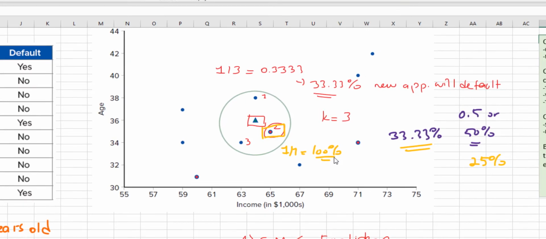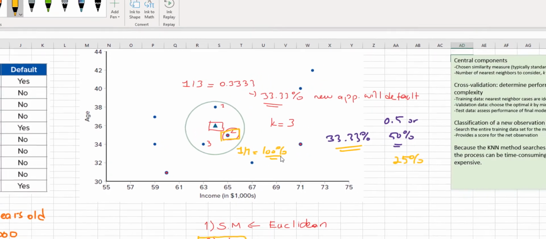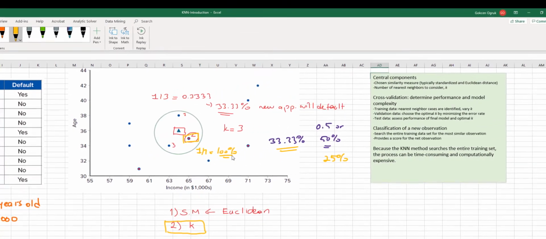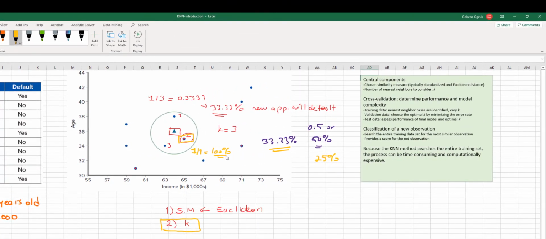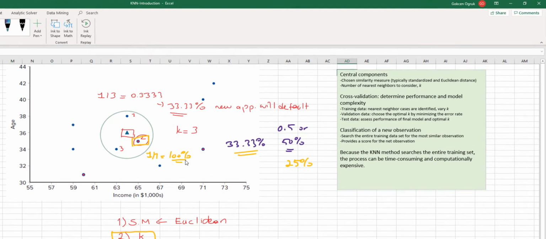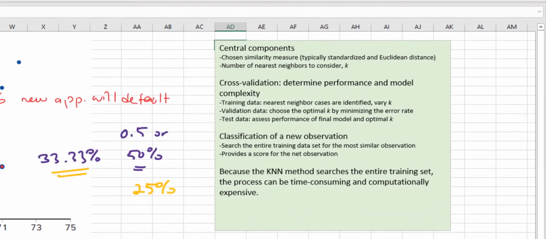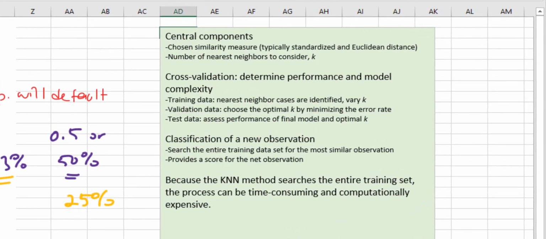Next, I'm going to talk about how we determine the performance and model complexity. Since the KNN method is a supervised data mining technique, data partitioning is used to determine its performance and to optimize model complexity. The nearest neighbor observations are identified in the training dataset, as we did in the previous videos.